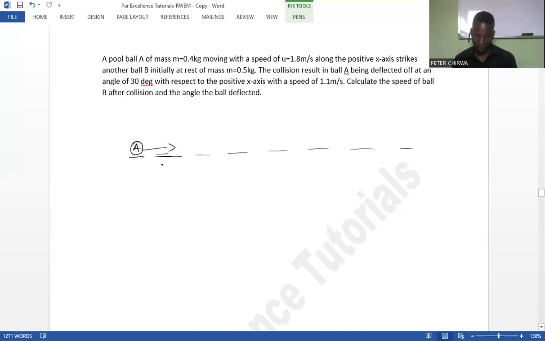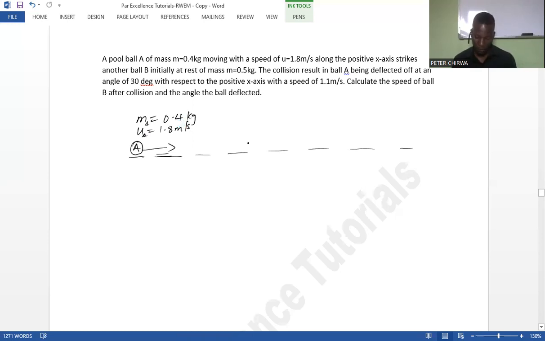We are told that it's moving with a speed of 1.8 meter per second, with subscript A to differentiate, and the mass is 0.4 kg.